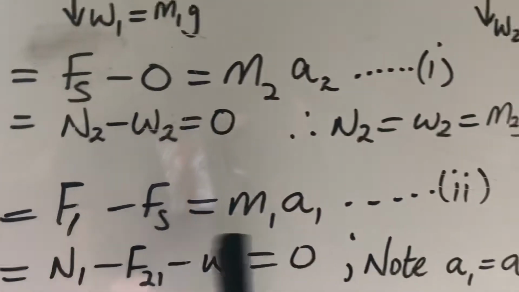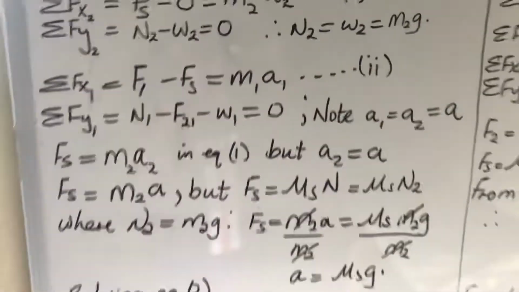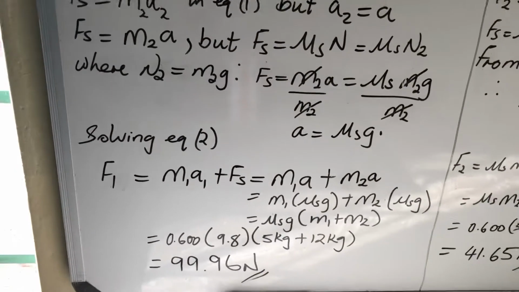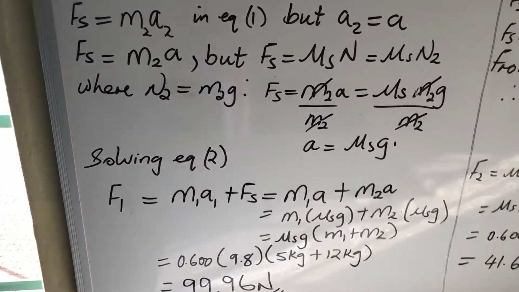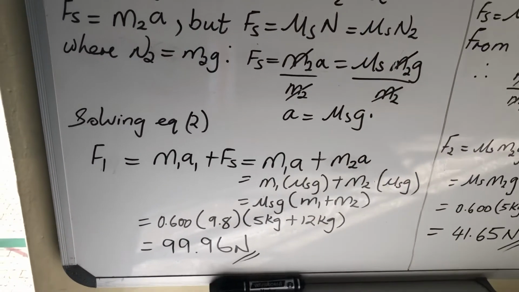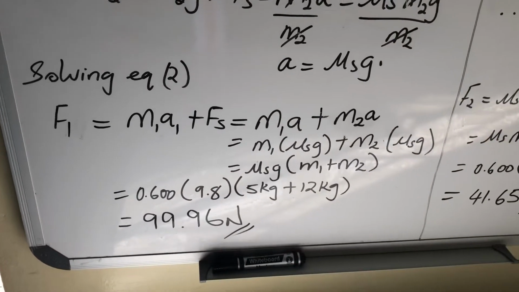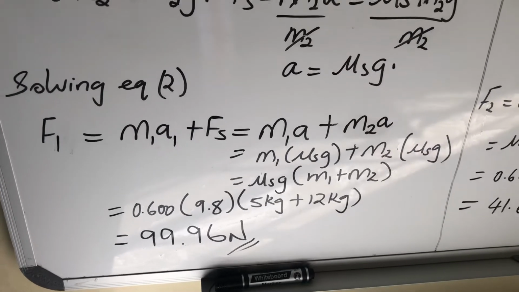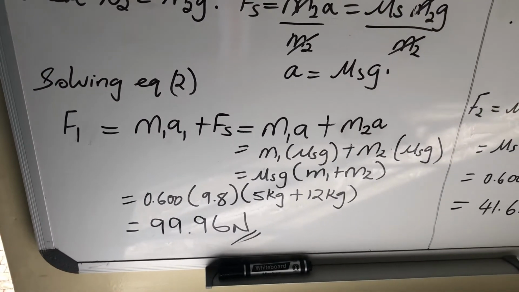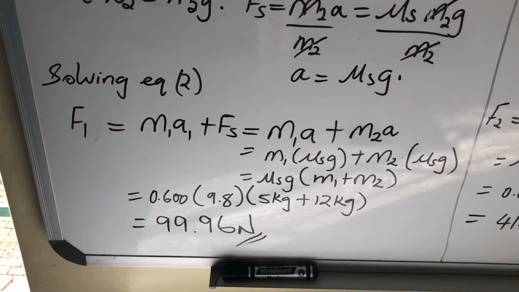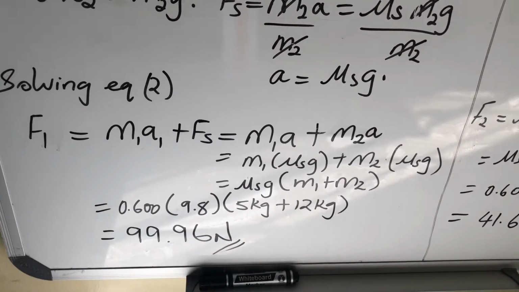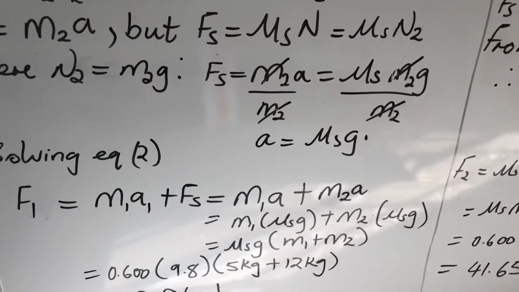F1 minus Fs is equal to m1 a1. So if you are to solve that now, if you take everything to the other side, leaving F1 on the left side, it's going to be F1 is equal to m1 a1 plus Fs, where m1a plus m2a are representing whatever that we have there.